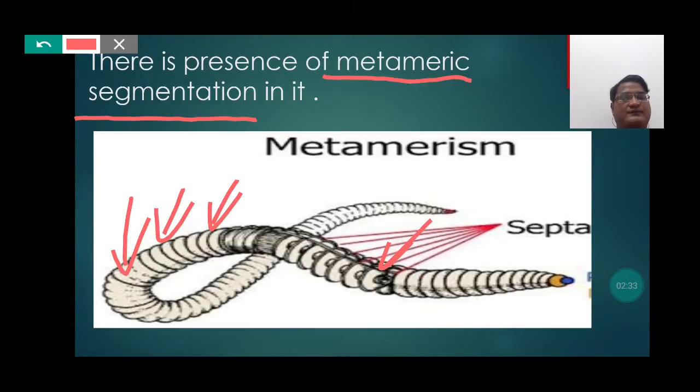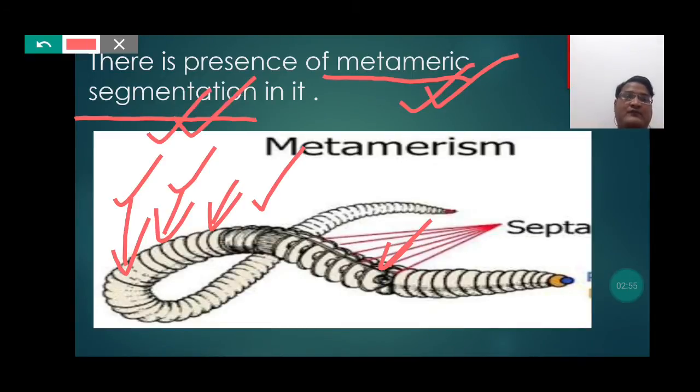So students, when the body of the organism is distinguished into many compartments and each compartment is formed by the presence of annulus or rings, then that property of the organism is called metameric segmentation.